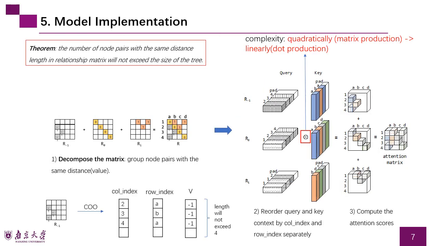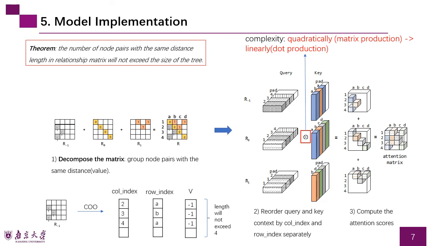Here, we give a specific case for the GDC algorithm. Firstly, we group node pairs with the same distance. So, matrix R is decomposed into three matrices, R_-1, R_0, and R_1.